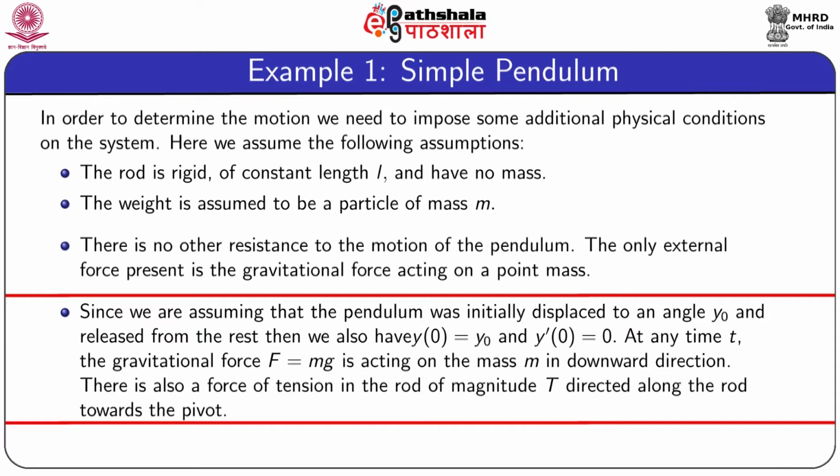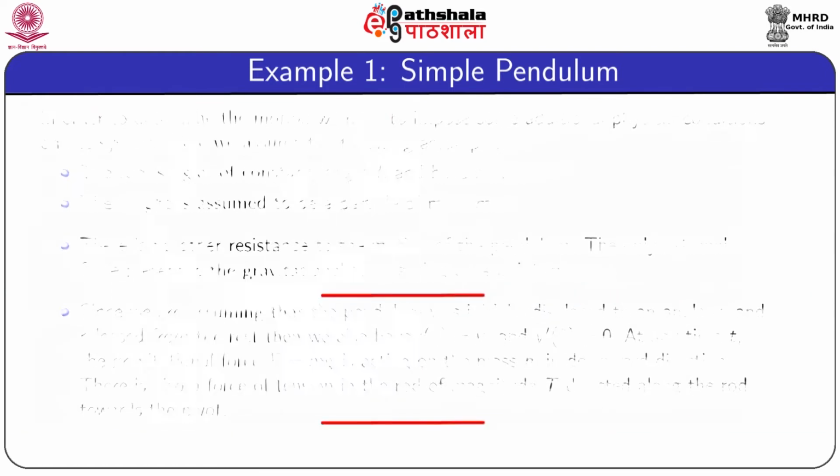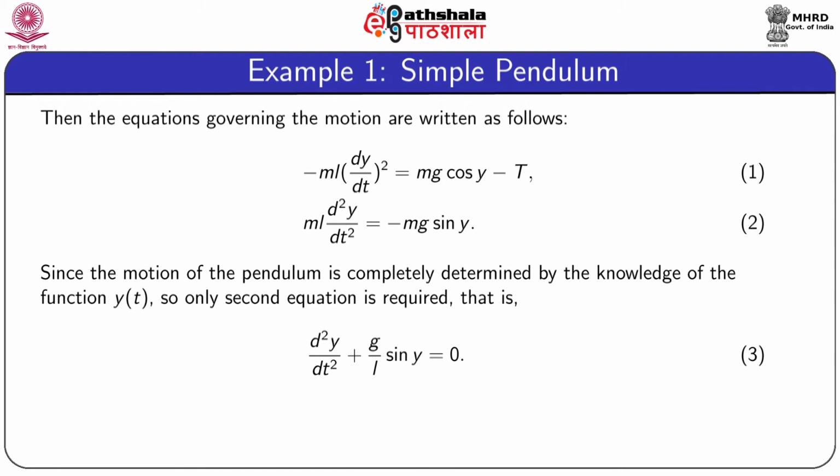At any time t, the gravitational force, denoted by F, equal to mg, is acting on the mass m in the downward direction. There is also a force of tension in the rod of magnitude T directed along the rod towards the pivot, and hence the governing equations of motion can be written as mL(dy/dt)^2 equal to mg cos y minus T, and mL d2y/dt2 equal to minus mg sin y, given by equations 1 and 2 respectively.